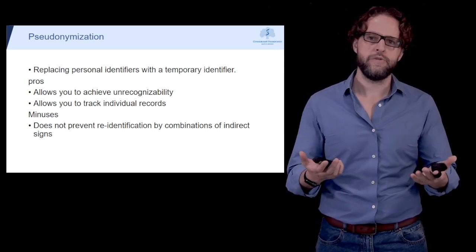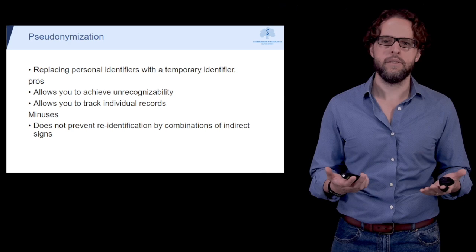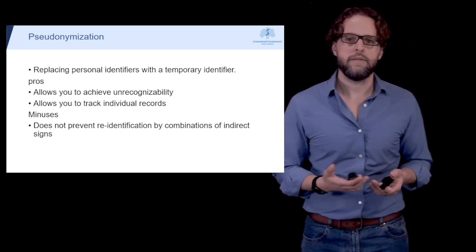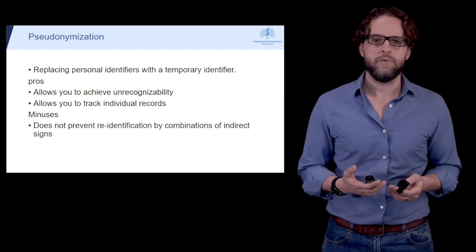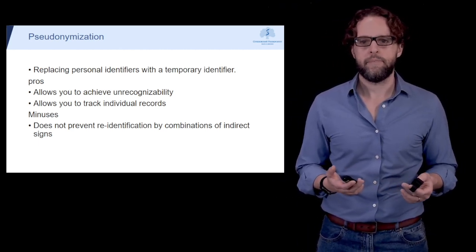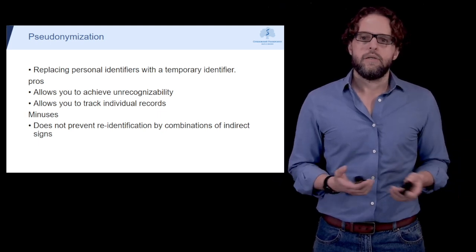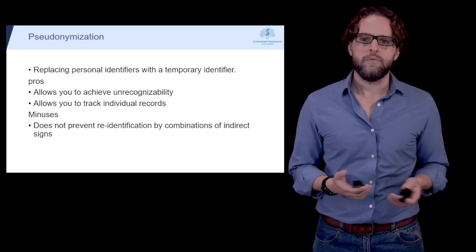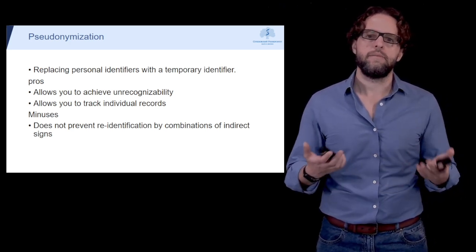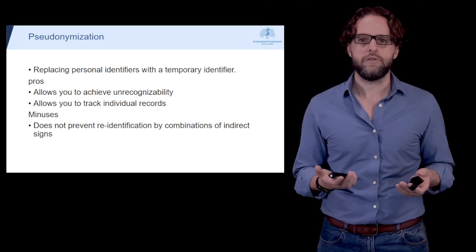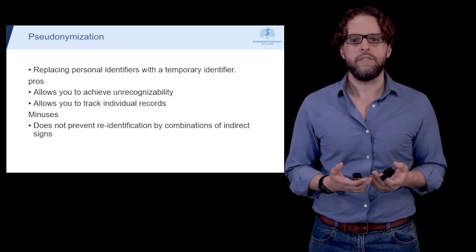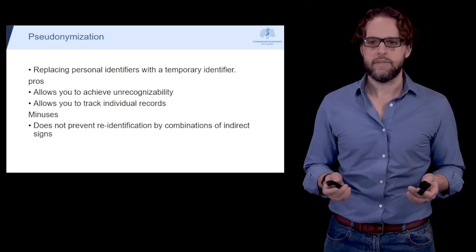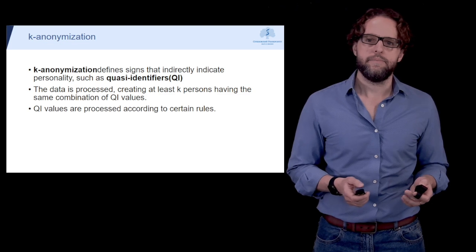But if we change these identifiers to a temporary one, we will be able to continue the medical history tracking, and it could be very useful in many cases. But of course, it's another side of the story that it will make re-identification of a person possible, using a combination of specific identifiers and data records in this information set.